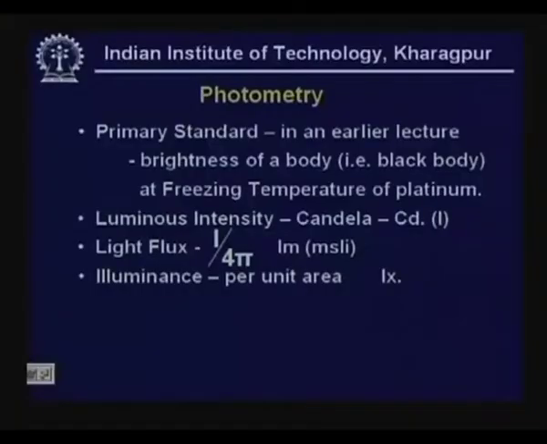So radially away from the source, the light flux is going to be of a similar level. That is expressed as mean spherical luminous intensity, and the effect of this light on any test object is talked of in terms of illuminance, that is lumens per unit area, which is expressed in lux. Recall that in the last lecture on laws of illumination we defined this.